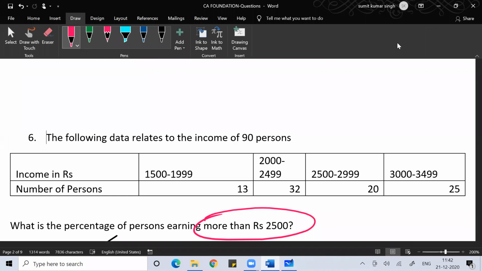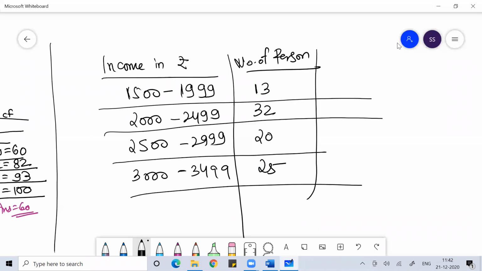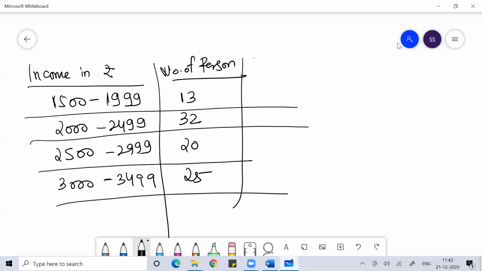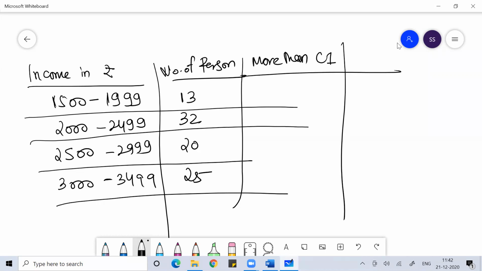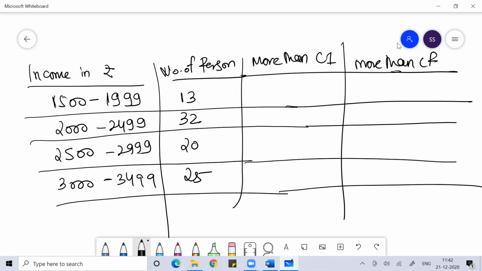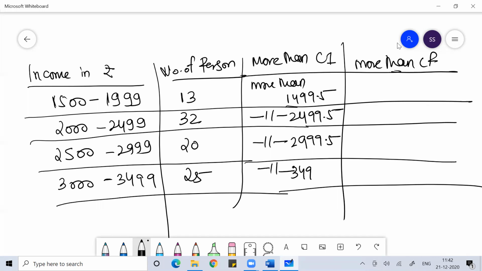So you have to convert this into more than class interval with more than cumulative frequency. You write more than 1499.5, then more than 2499.5, then more than 2999.5, then more than 3499.5.